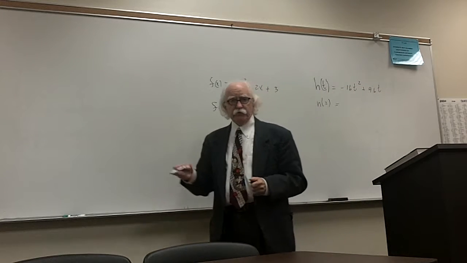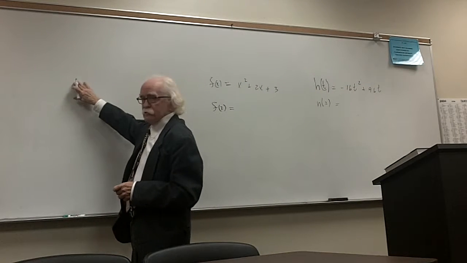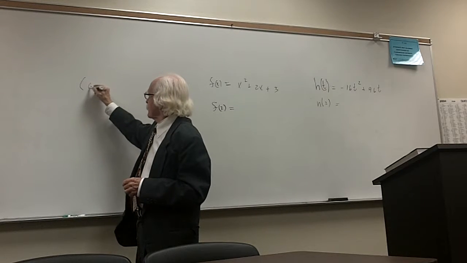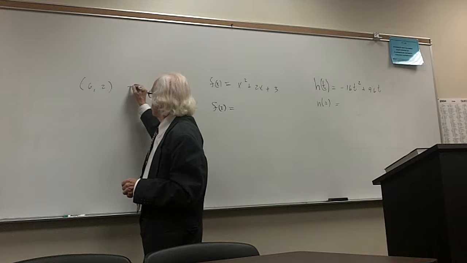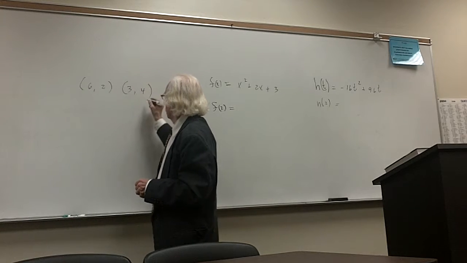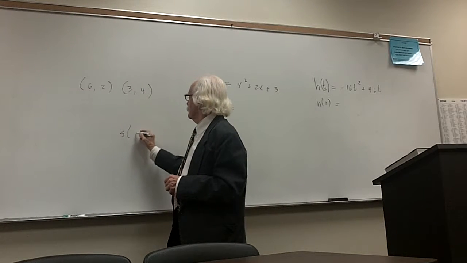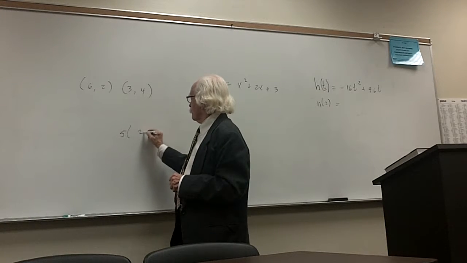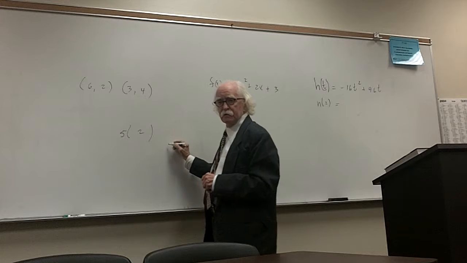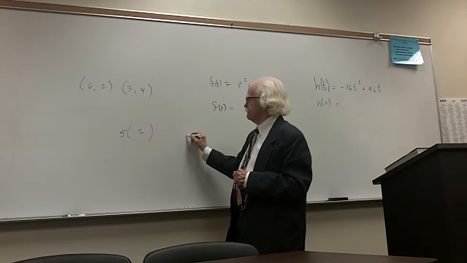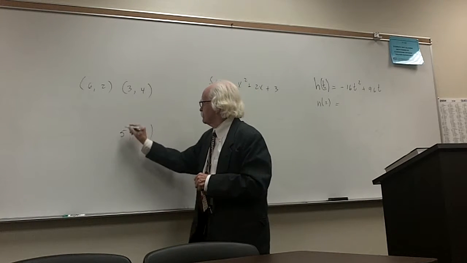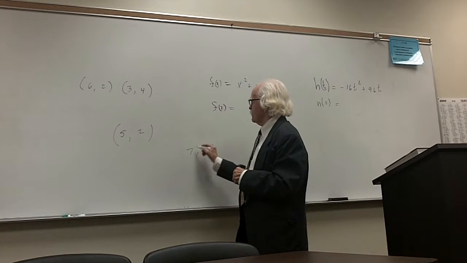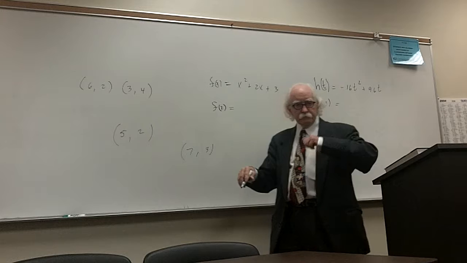Now, I think in this first section, they're going to give you some different points, like this: 6, 2, 3, 4, 5, 2, something like this. You can have 5, 2, like this, 7, 3, whatever.